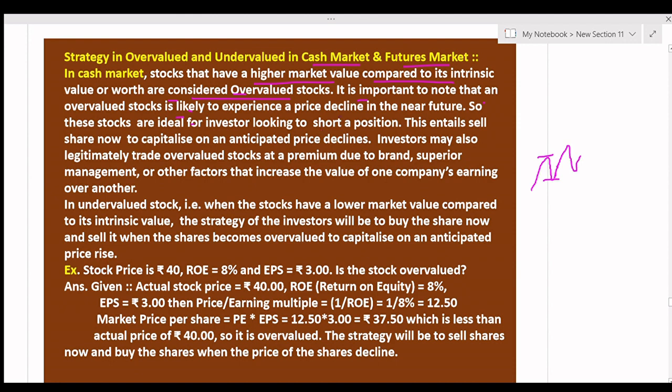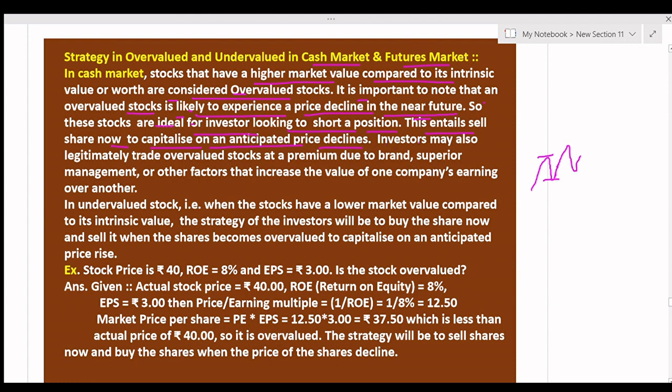It is important to note that an overvalued stock is likely to experience a price decline in the near future. In cash market, you remember it. So, these stocks are ideal for investors looking to short a position.